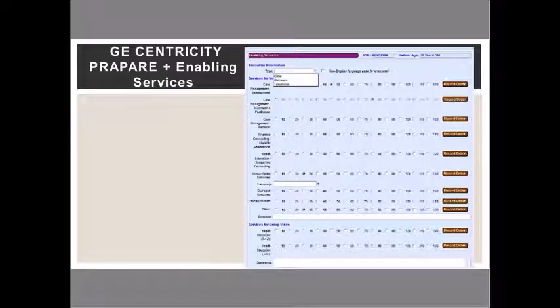Sorry, it's blurry and small, but here is what the enabling services template in GE Centricity looks like. Again, it has each of the enabling services and then the time intensity. It goes from 10 minutes up to 2 hours, so 120 minutes. And so you can easily deduce how much time was spent providing that service, and you can click as many services as were provided and add that to the patient chart.